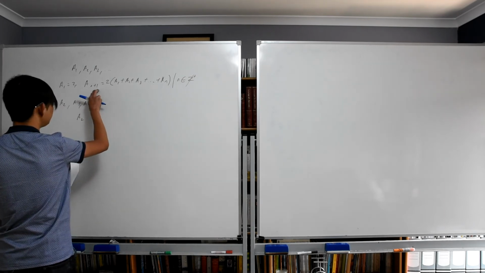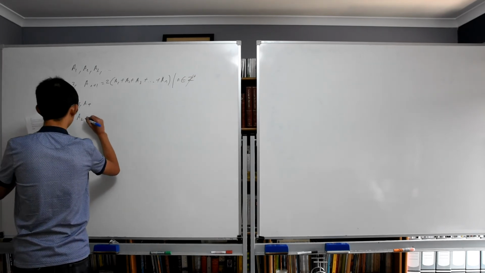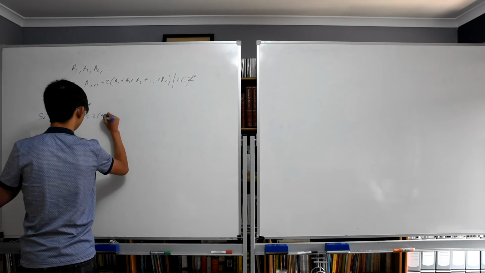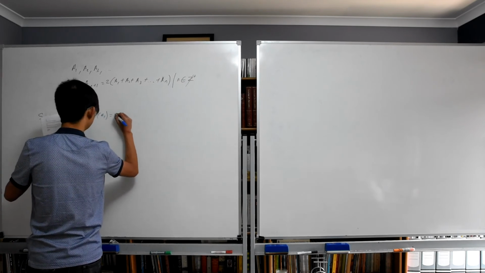From this formula, a2 must be given by 2a1, which is given by.